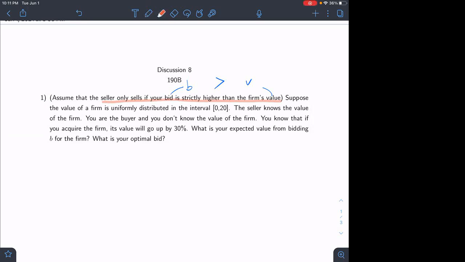In this question, V is uniformly distributed in the interval 0 to 20. If you acquire the firm, the value will go up by 30%. In this case, what is your expected value from bidding B, and what is your optimal bid? Okay, so let's begin.